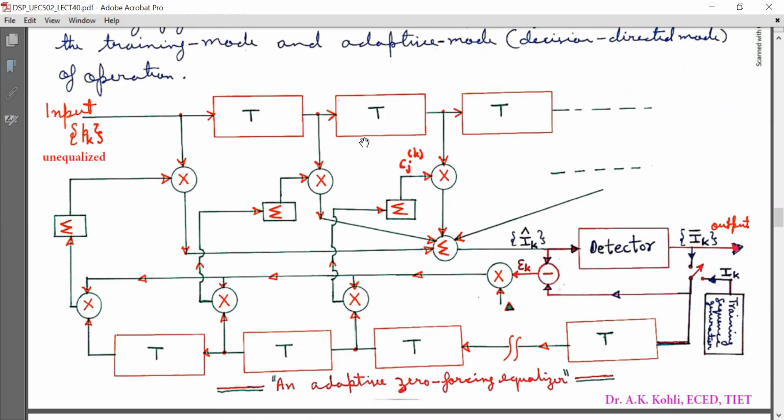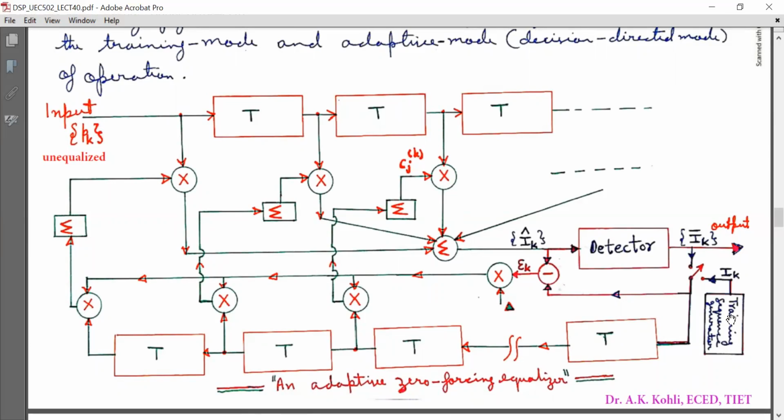The output of this transversal filter, where the tap coefficients are Cj with superscript k, which need to be updated, is I cap k, and by using the detector, I can guess the signal I bar k. So this is the detected symbol.